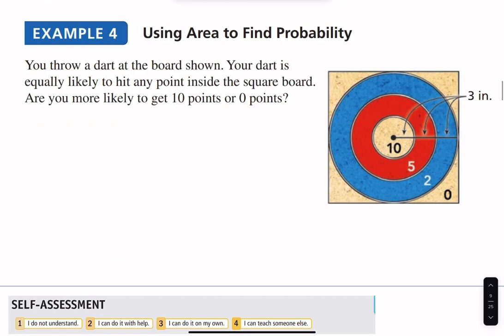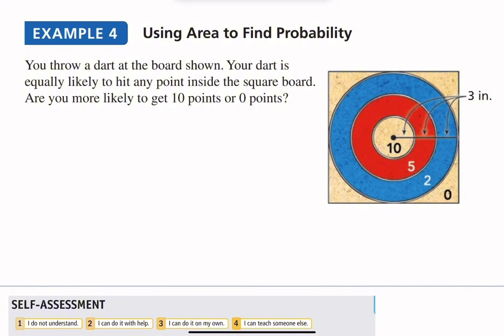We can also use area to find probability, so you're going to have to think back to your geometry formulas. So example 4, you throw a dart at the board shown. Your dart is equally likely to hit any point inside the square board. Are you more likely to get 10 points or 0 points?